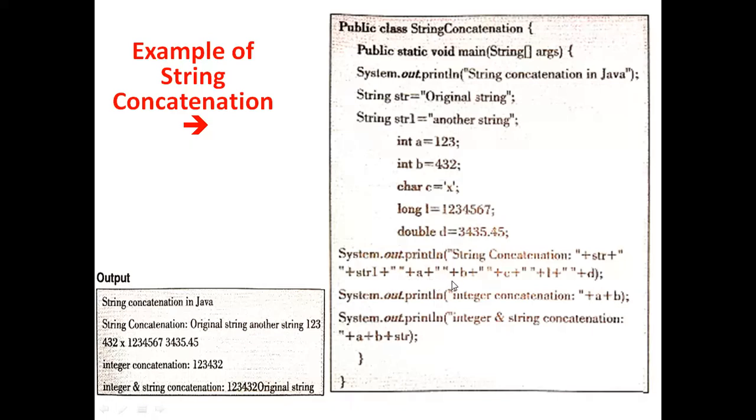Therefore, I have written plus str plus str1 plus a plus b, etc. Hence, you can see in the output, that is string concatenation, original string, another string, 123, 432, x, etc. is shown in the output. In this way, you can concatenate or join two variables or strings or two different data types.